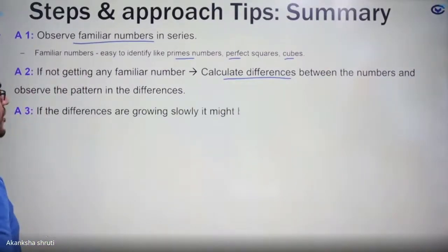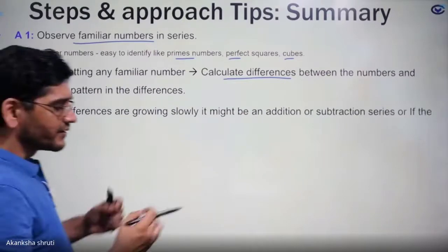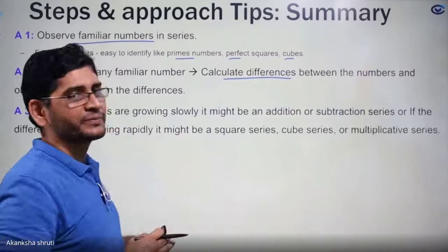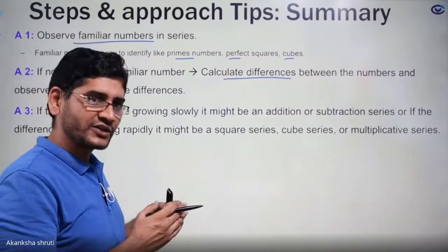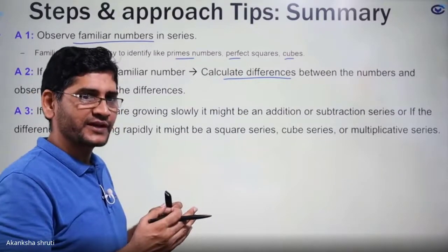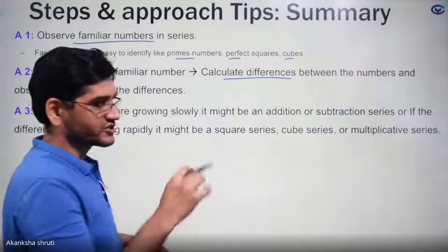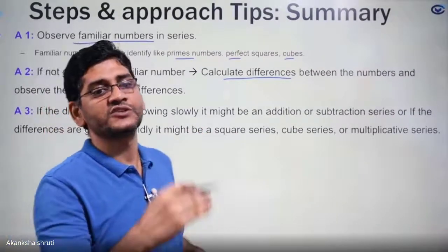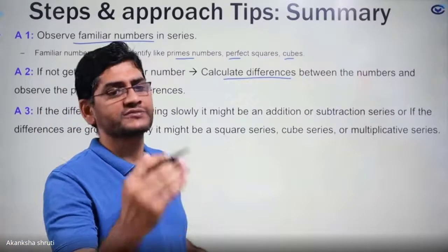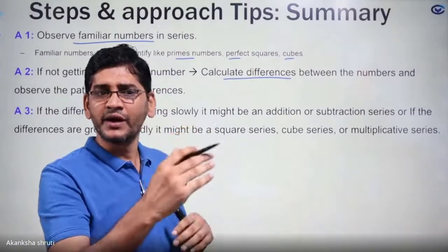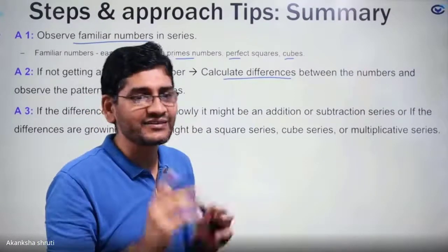If further not, then go for finding the term relation. How is the next term related to the previous term? Whether it is addition of the previous term, or just multiplication, or addition of all. So for this term relation, we have learned that if it is a slow increase, it will just be multiplication by a constant number. For a very rapid increase, multiplication by a successively increasing number.